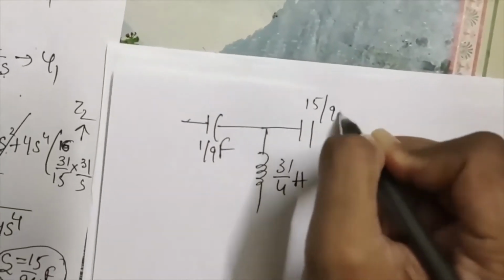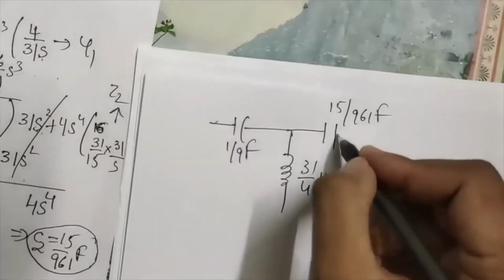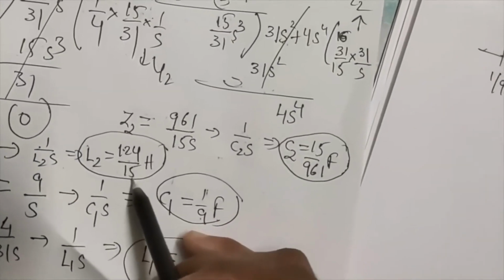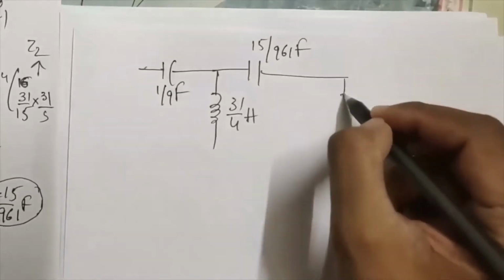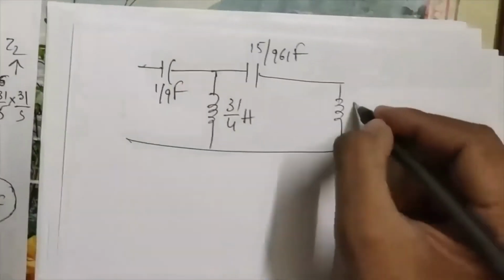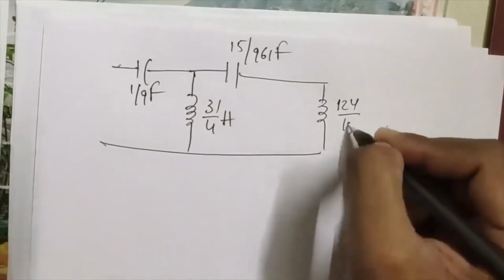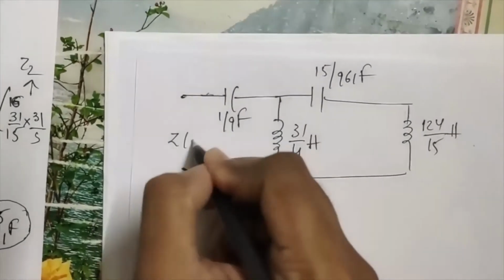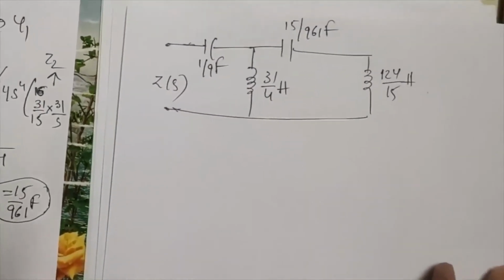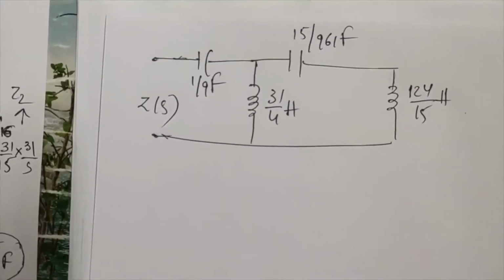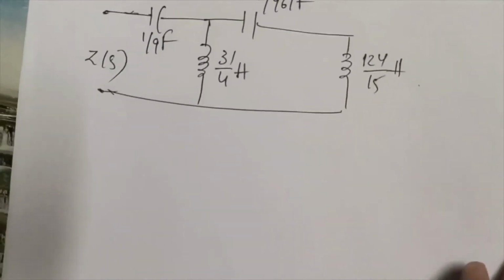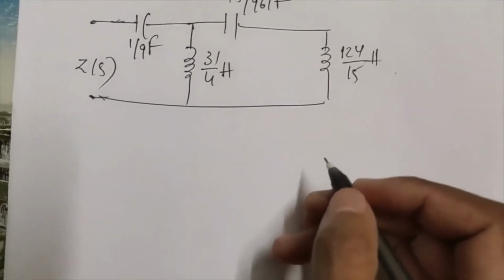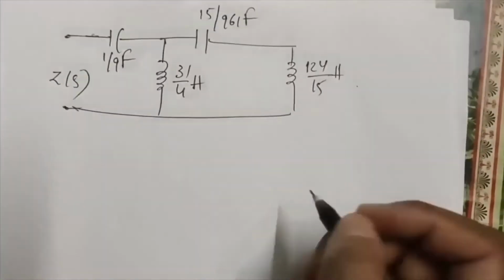And the last term is an inductor of value 124 by 15 henry. So this is the network obtained after we synthesize the given LC impedance function using Cauer second form. So this was the procedure how we can synthesize a given LC impedance function using the canonical forms.